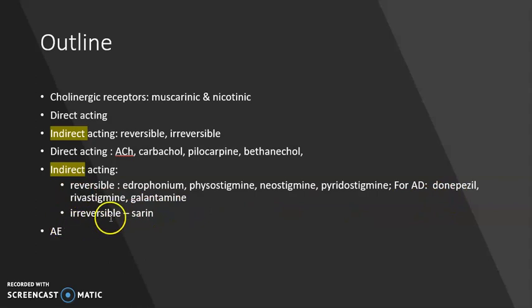And then we have the irreversible indirect acting cholinergic agonists, which include sarin and other drugs. And then we will talk about the adverse effects, the unwanted effects, or the side effects of cholinergic agonists.